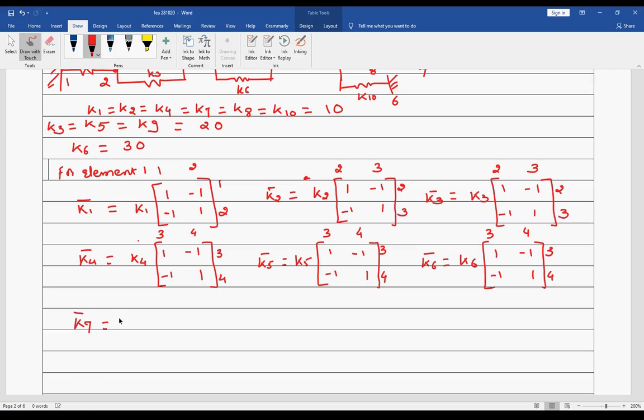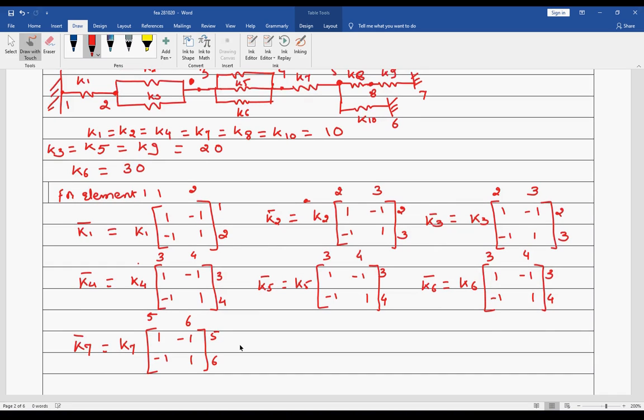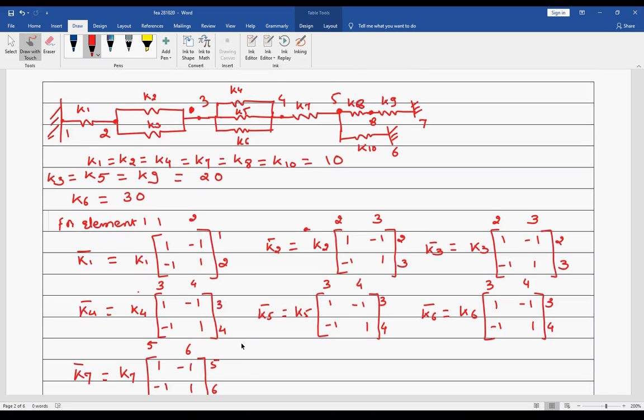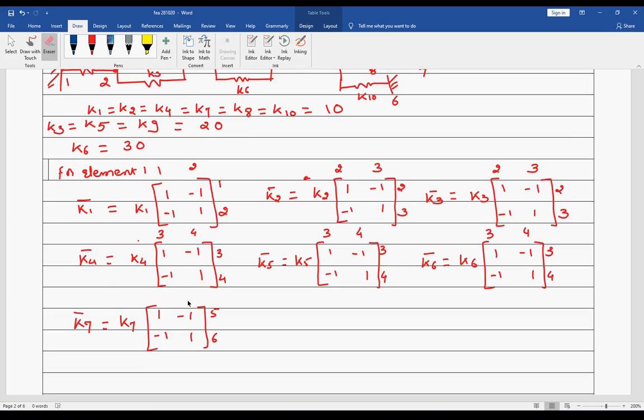So K7 bar equal to K7 times 1 minus 1 minus 1 1, and it is connected to 5 6 5 6. No, K7 is connected to 4 5, sorry. It is connected to 4 5 4 5.